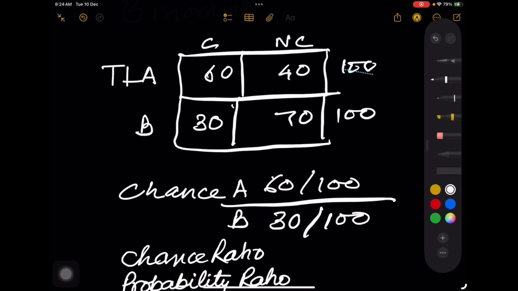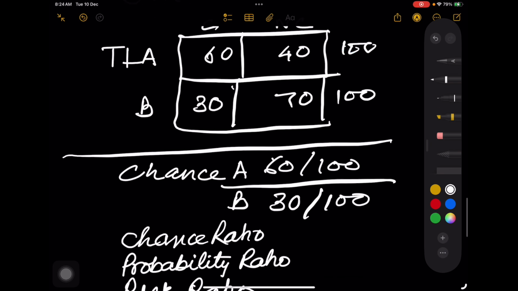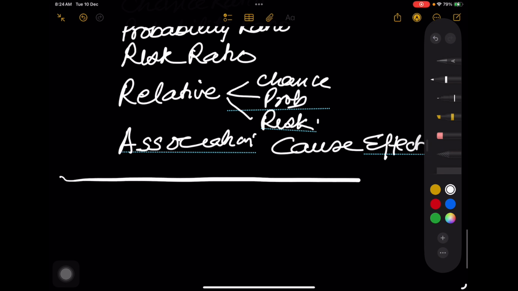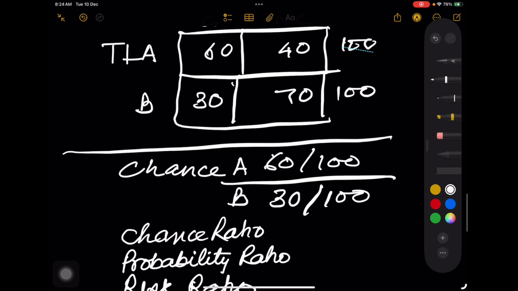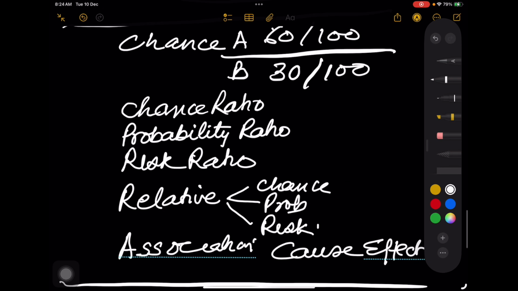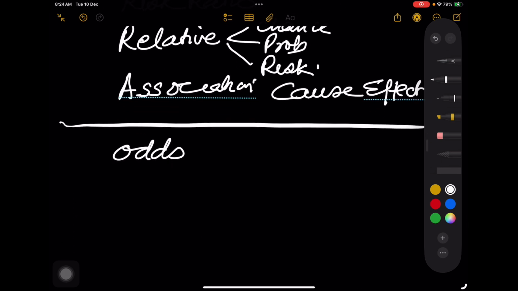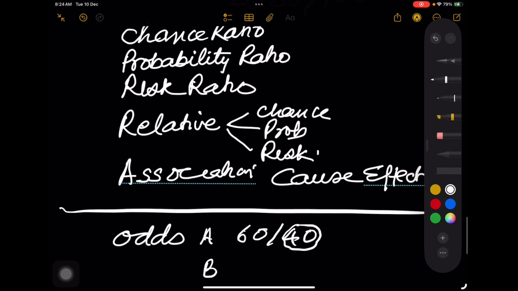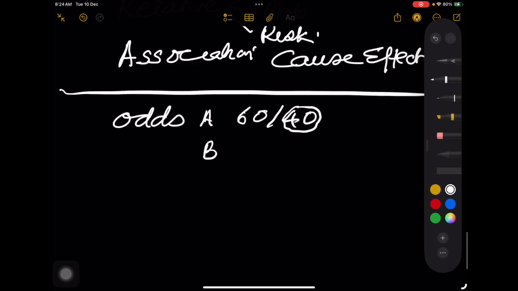Now, there is another measure of association, and that is odds. So given treatment A, the odds of getting cured are 60 upon 40. In odds, the denominator 40 does not contain the numerator 60. In treatment B, the odds are 30 upon 70.